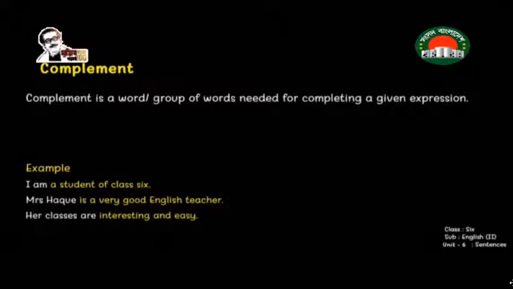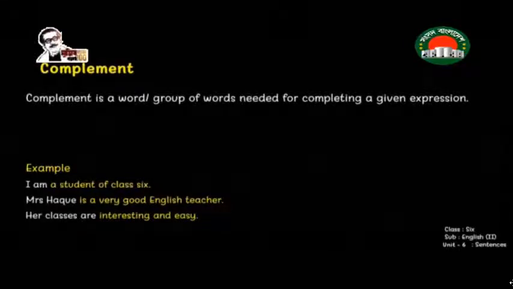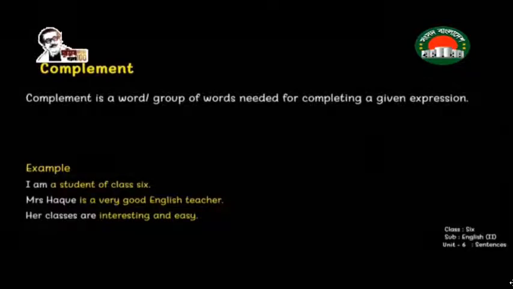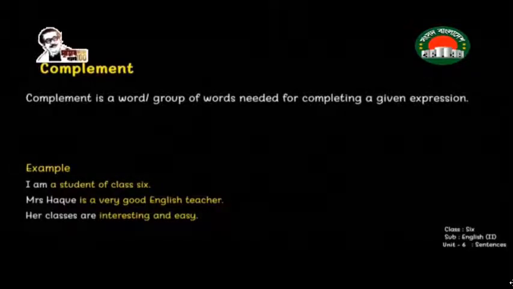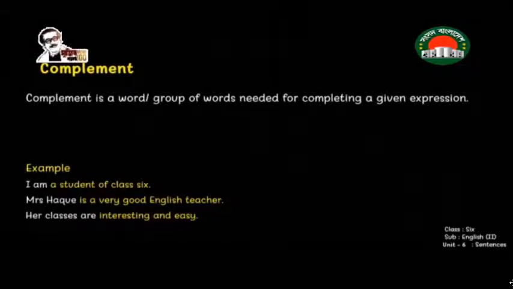For example, if I say I'm a student of class 6, here a student of class 6 is the complete expression of the subject I, and this is a complement. Similarly, if I say Mrs. Hawk is a very good English teacher, here a very good English teacher tells who she is or completes the meaning of Mrs. Hawk, the subject of the sentence, and so this is the complement.